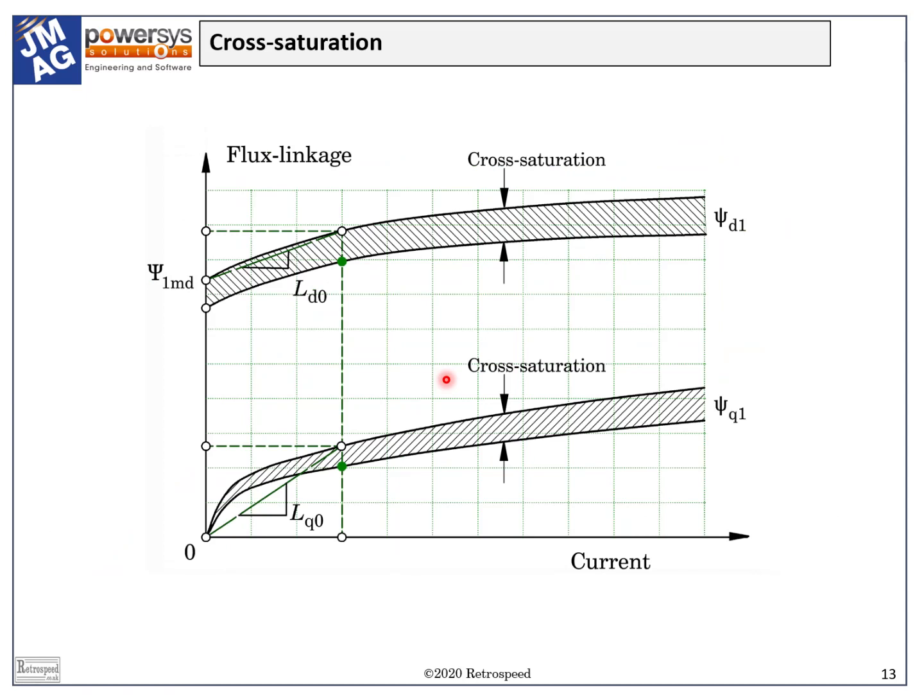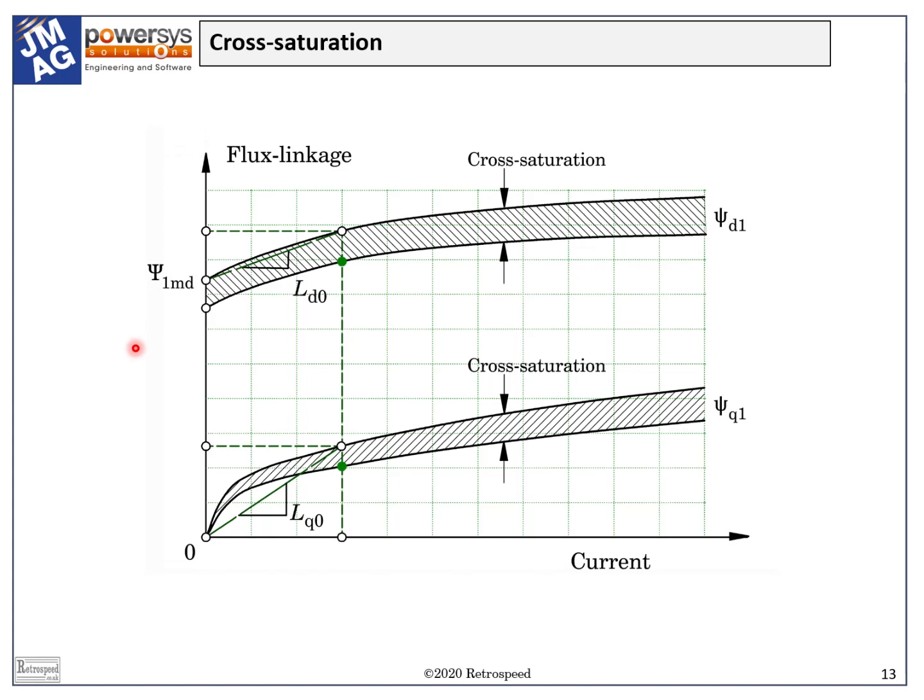Here is a conceptual reproduction of the curves in the previous slide, but modified to show the effect of cross-saturation. That is, the d component of current affects the q-axis flux linkage and vice versa. This happens in practical motors, but the extent to which it happens depends on the particular motor design.